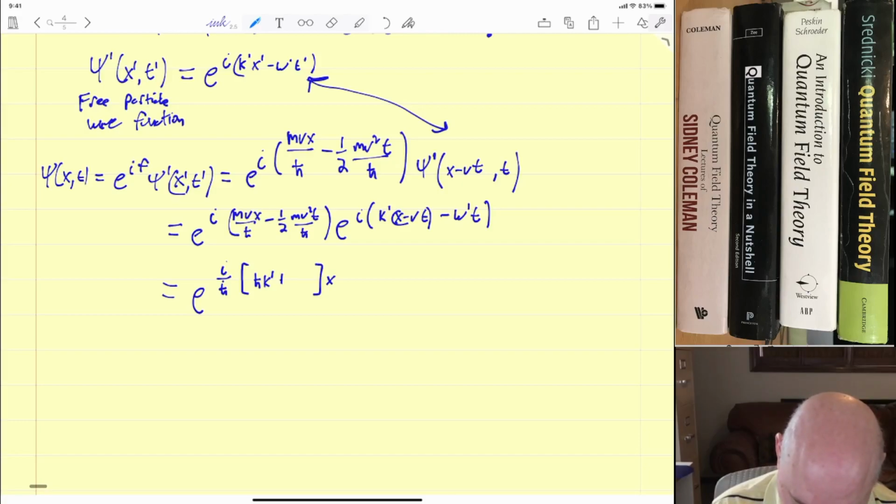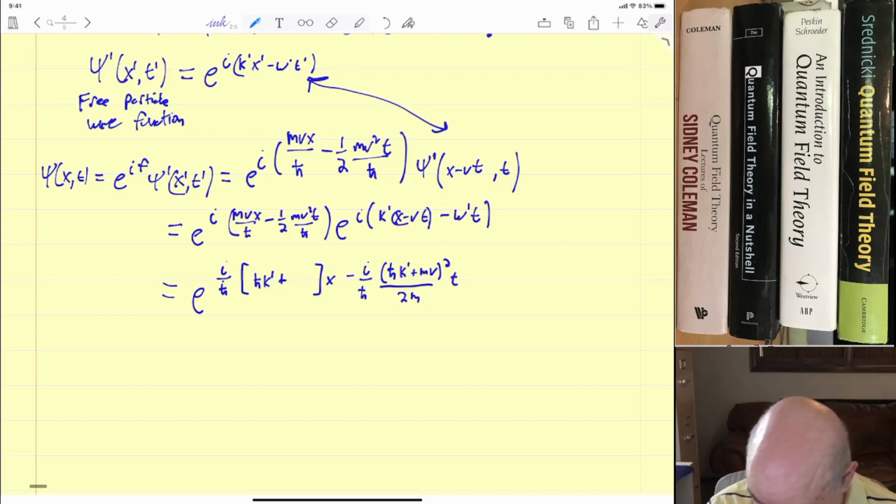Then I have plus, I'll worry about that in a second, minus i over h bar, and I'm going to write this as h bar k prime plus mv squared over 2m times t.